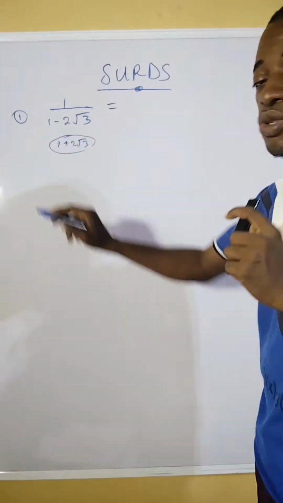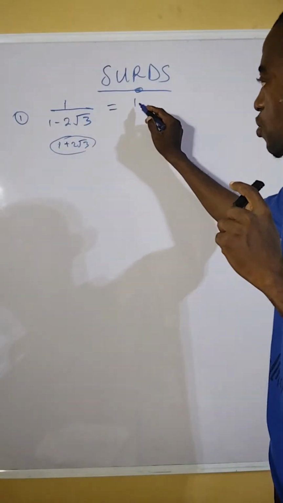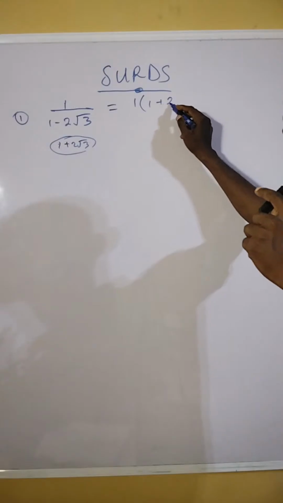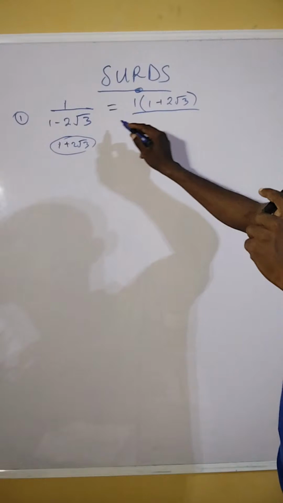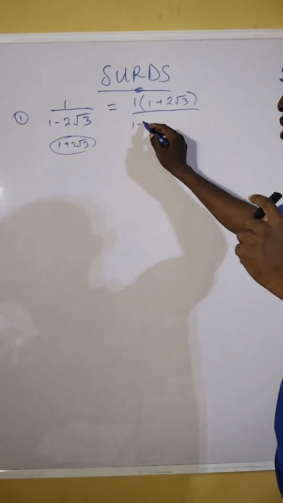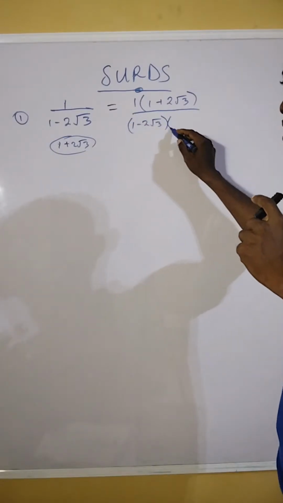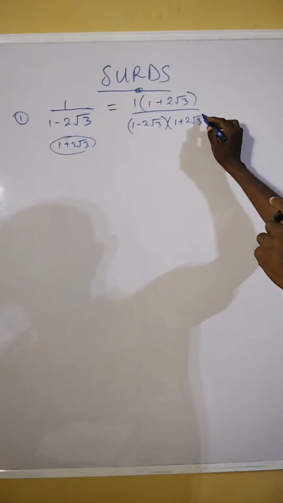So we use this conjugate surd to multiply the numerator and denominator, and this becomes 1 multiplied by 1 plus 2 root 3, then divided by, also multiply this by the same thing, 1 minus 2 root 3 times also 1 plus 2 root 3.